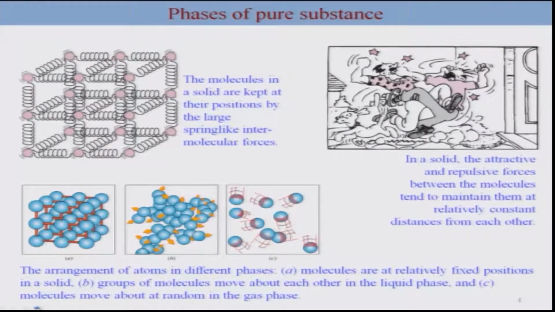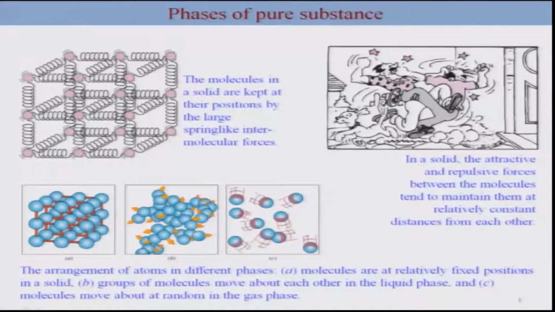Now a pure substance can be seen in different phases, and what we call a phase is what we observe, let us say, in water: ice, liquid water, and water vapor. Now this is mainly because the substances are composed of atoms or molecules, and they have relatively different arrangements in different states.